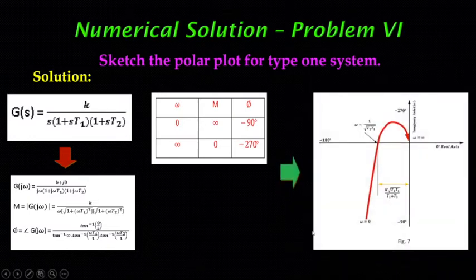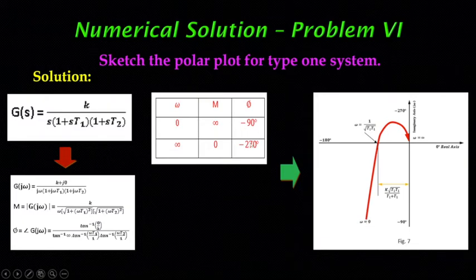Then draw the polar plot. Starting point, magnitude is infinity, but phase angle is minus 90. That means this axis. So this is starting point.